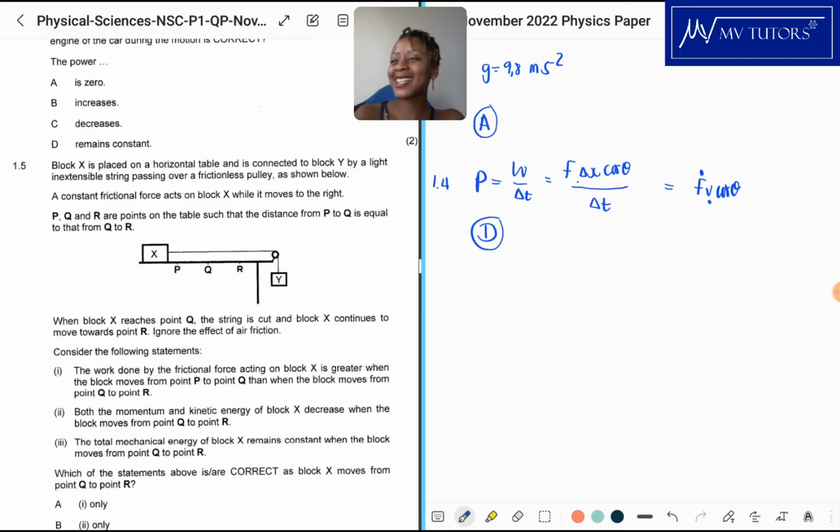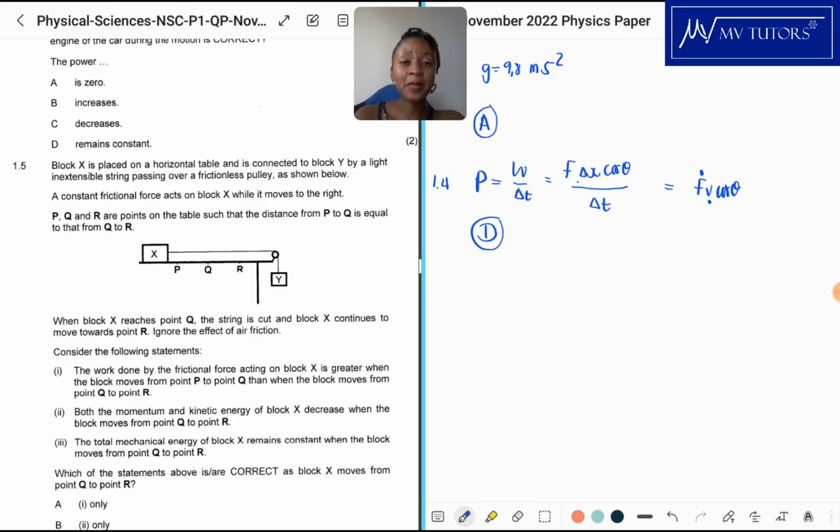All right, so let's look at the statements. Number one, the work done by the frictional force acting on block X is greater when the block moves from point P to point Q than when the block moves from point Q to R. No, remember, work is force times distance. The distance from P to Q is equal to that of Q to R, and the friction force is the same, so no. Two, both the momentum and kinetic energy of block X decrease when the block moves from point Q to R. That is true.